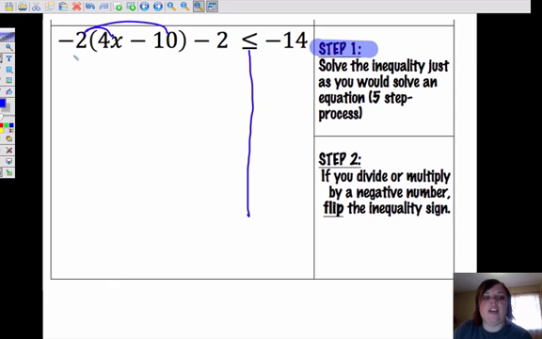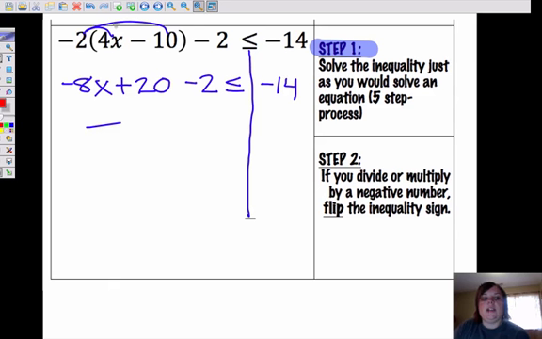So I have negative 2 times 4x. That would give me negative 8x. And then I have a negative 2 times a negative 10. Negative times a negative is a positive. So that's positive 20. So to show positive 20, I put my plus sign in. And then I have my minus 2 is less than or equal to negative 14.